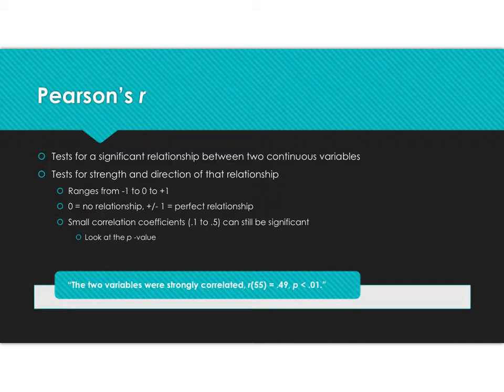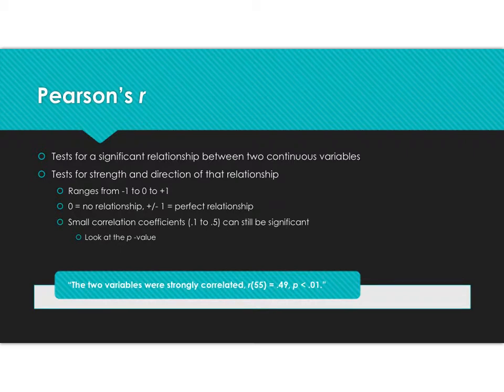And what I mean by that is, from strength, you're looking at from 0 to 1. The values of Pearson's R can range from 0 to 1. The closer it is to 1, the more strongly those two variables are related. And if it's 0, there is absolutely no relationship between the variables. Now, the relationship can be positive or negative.